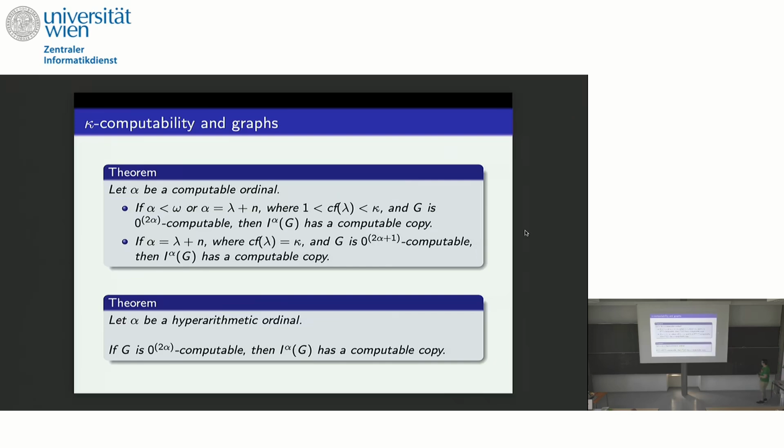So let's say alpha equals 2, and G is that. At level 1, I want basically to take every finite graph, if I'm in omega computability, or less than kappa if I'm in kappa computability.